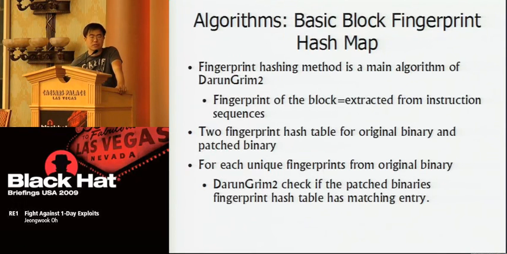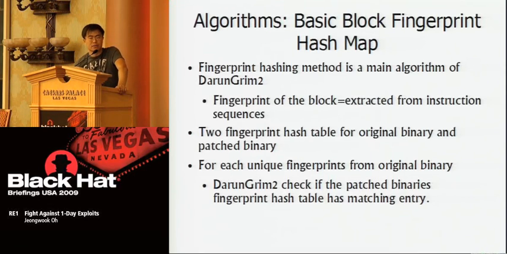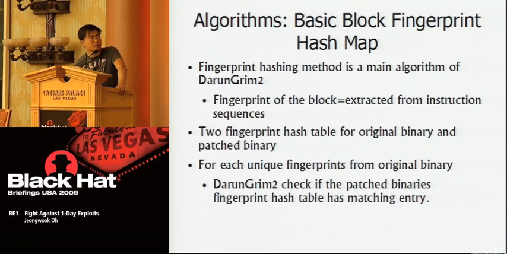You can just ignore that kind of information, and you can make a fingerprint out of basic blocks. And you can make a hash map out of it, and you can just compare them between binaries, the original and the patched binary, and if you find a match, then they are the same basic block.